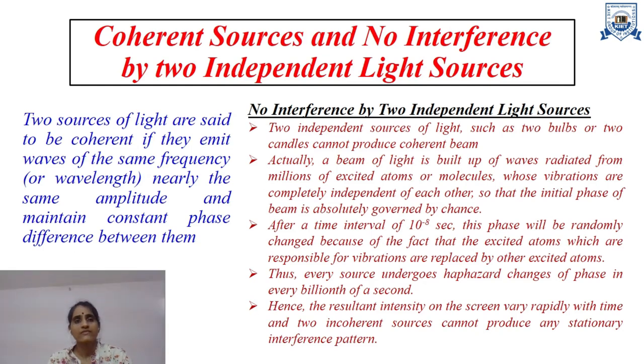Next is a basic definition. What are coherent sources? Sources are said to be coherent if they emit waves of the same frequency or wavelength, having the same amplitude, and in turn they maintain a constant phase difference between them.